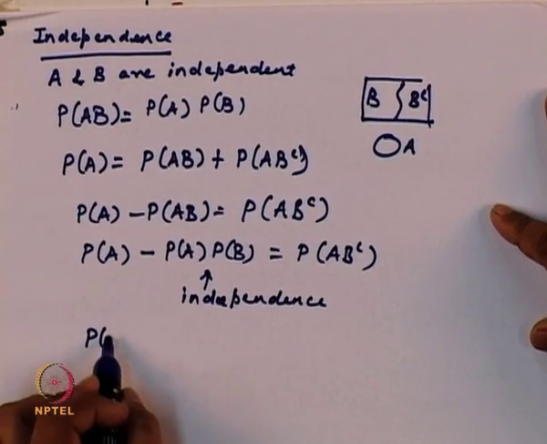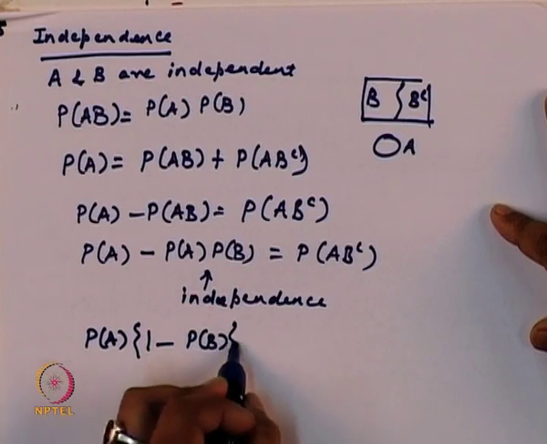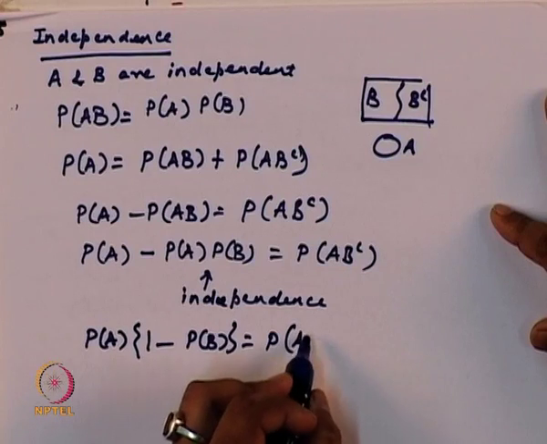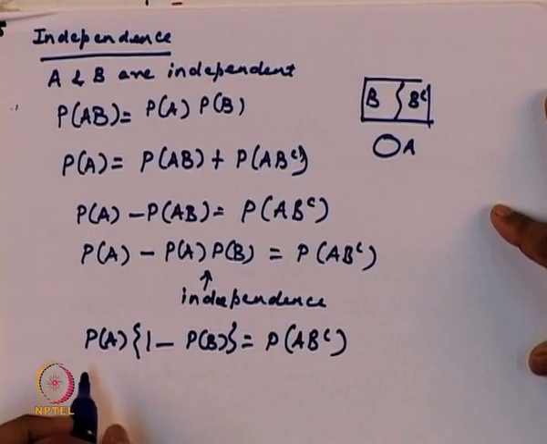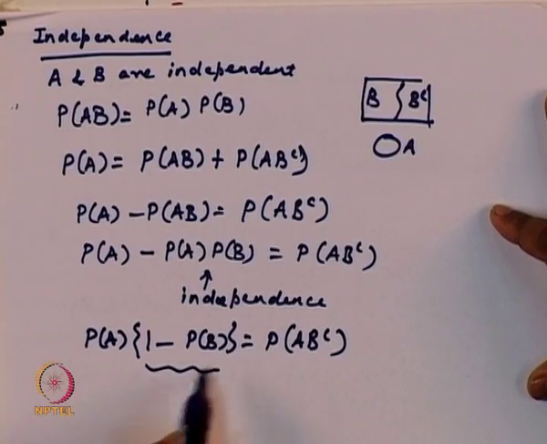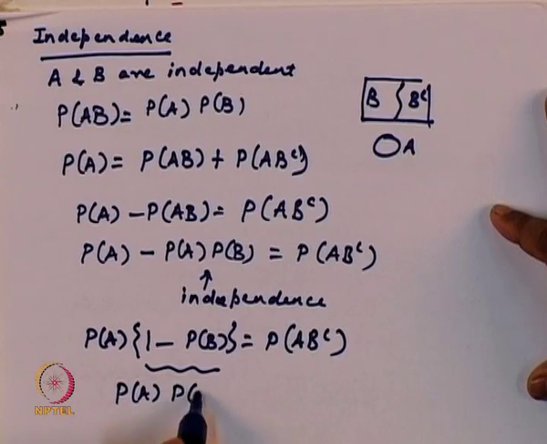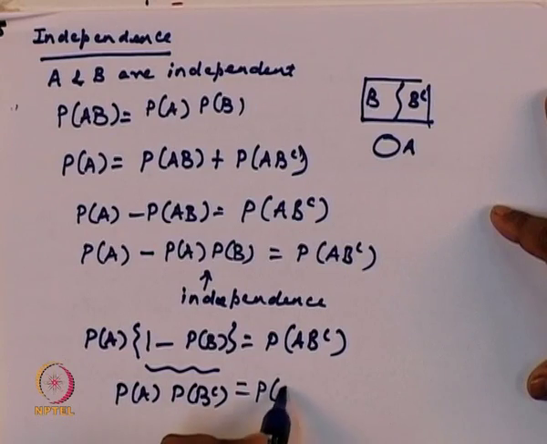So, I can write P A into 1 minus P B equal to P A B complement. And what is 1 minus P B? It is simply P B complement, so P A into P B complement equals the probability of A B complement.